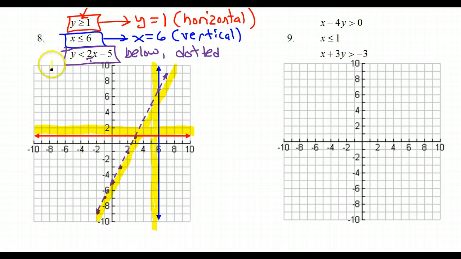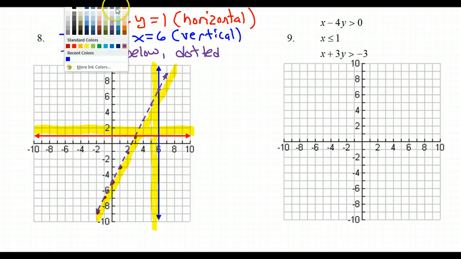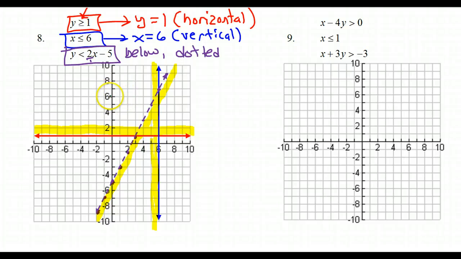Okay? So there are several zones that you have to pay attention to in terms of where the solution could be. So please be careful. Alright, is it going to be zone 1, zone 2, zone 3, zone 4, zone 5, zone 6, or zone 7?